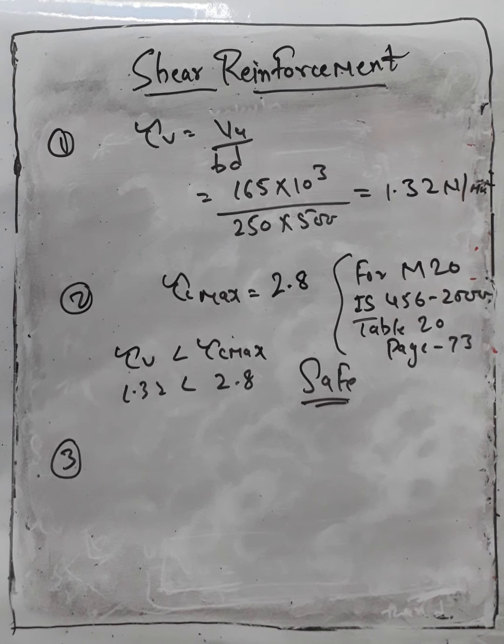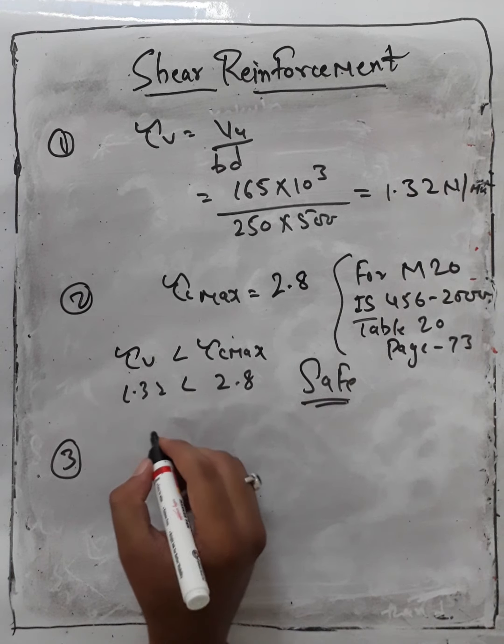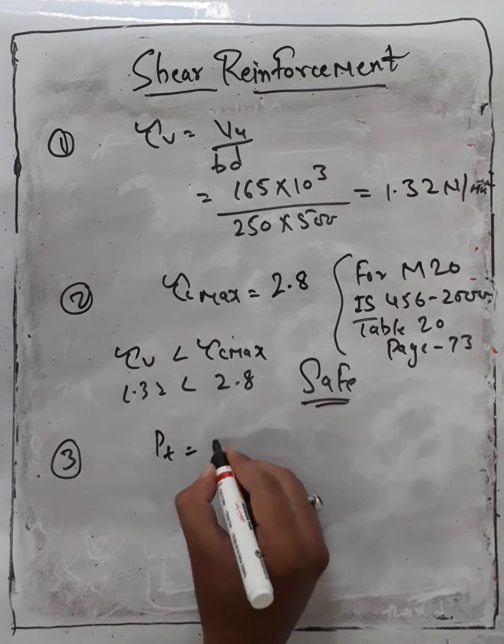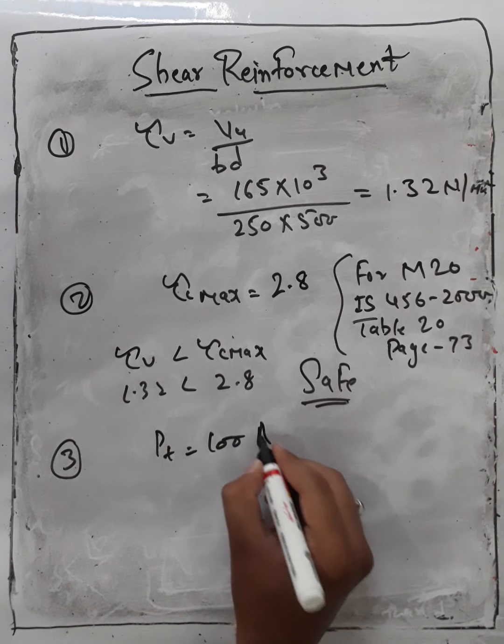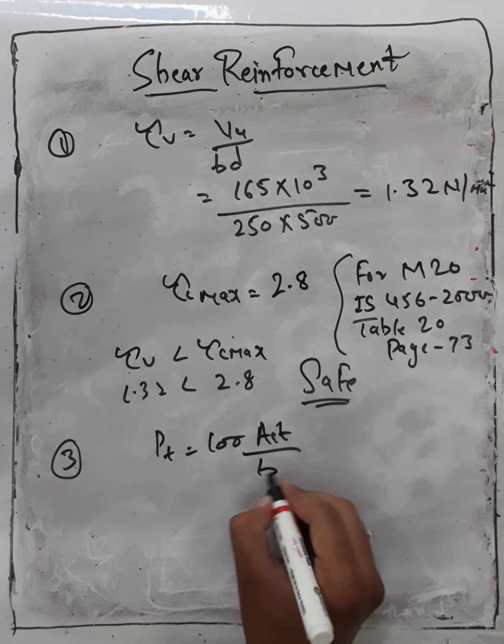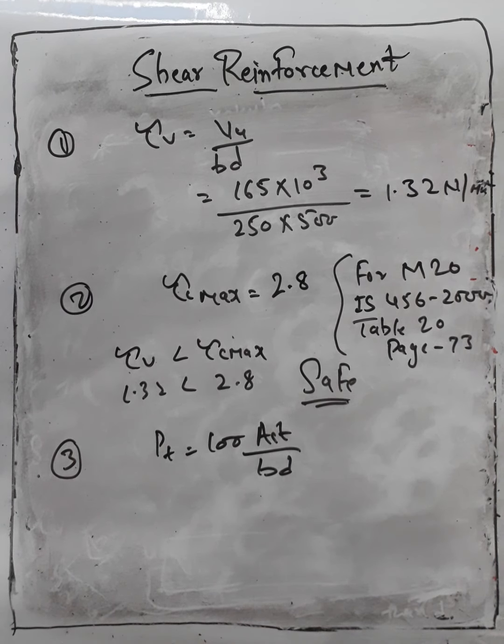In our previous video we were given the PT value, but here we have not been given the PT value, so we have to find it. PT is equal to 100 AST upon BD.